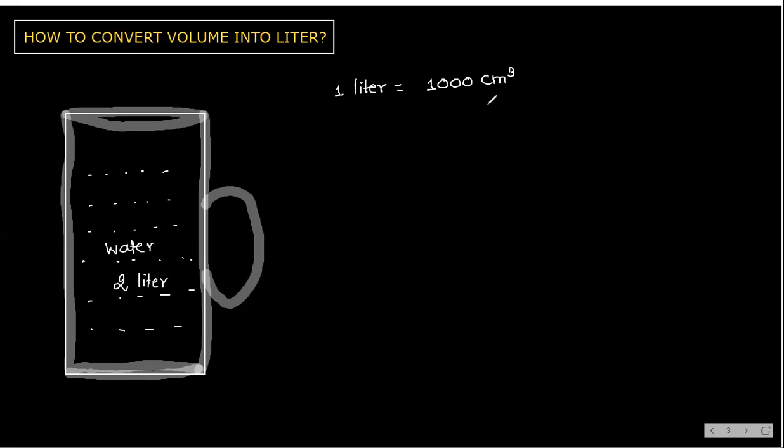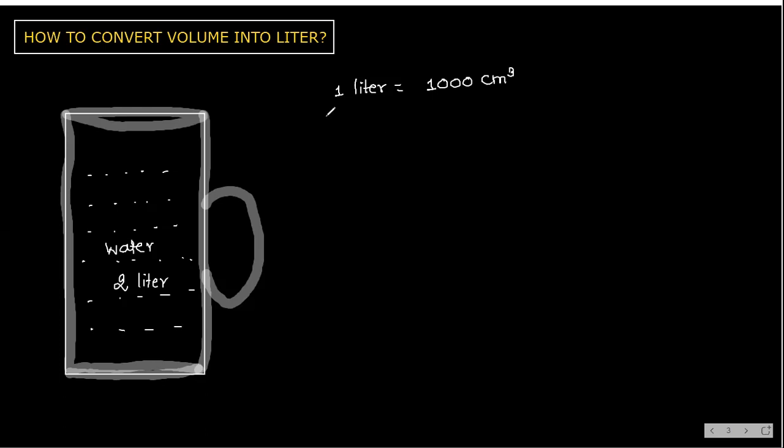So this is the standard measurement, because when 1000 centimeter cube is there, then we are saying that it is 1 liter. Is your doubt clear now? The one who asked me. So see, when 1000 centimeter cube is their capacity, then we can say that it is 1 liter.